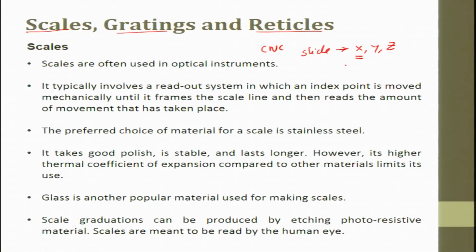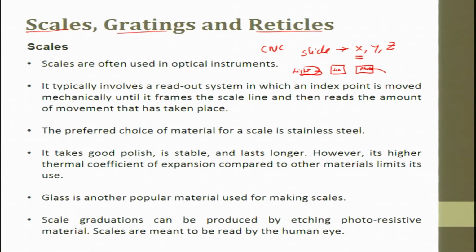So, if the displacement has to be measured, we create these scales. We have a source of light, and assume that we have a scale here, and then we have a photodiode here. This is the light, this is the scale, I am talking about a linear scale, and then there is the photodiode.